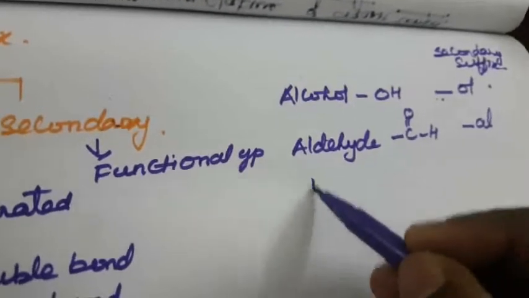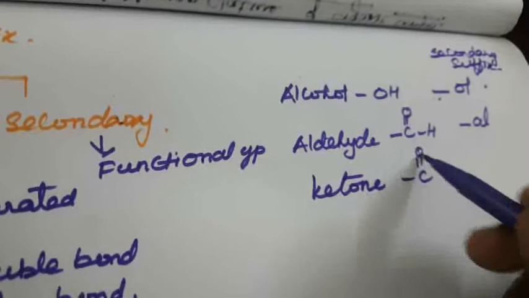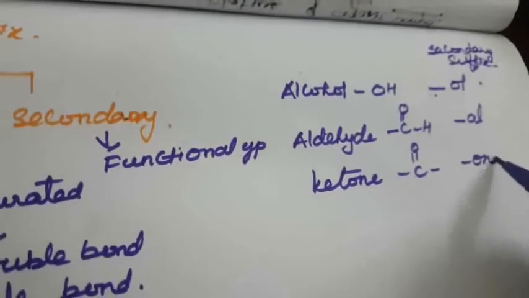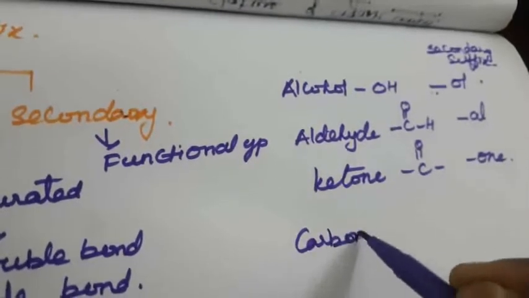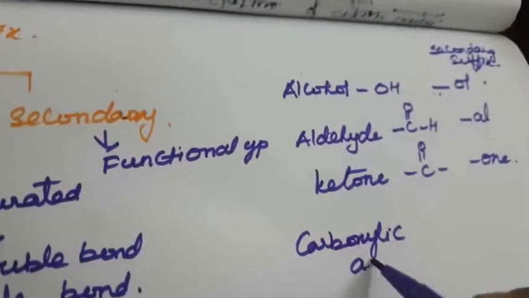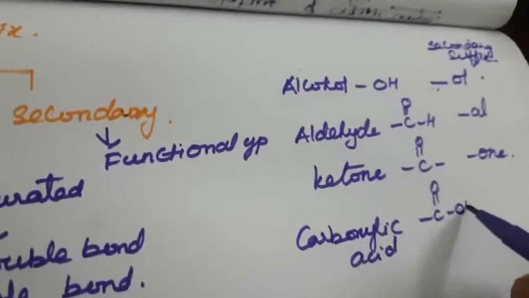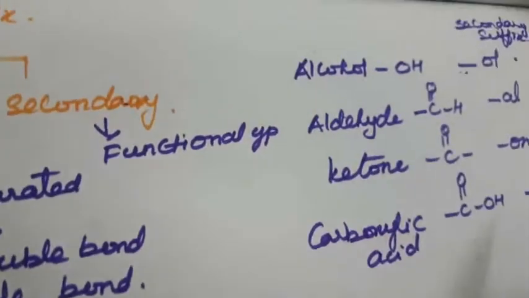Another one is ketone, C double bond O. The ending is -one. Carboxylic acid, C double bond O, OH. The suffix is -oic acid.